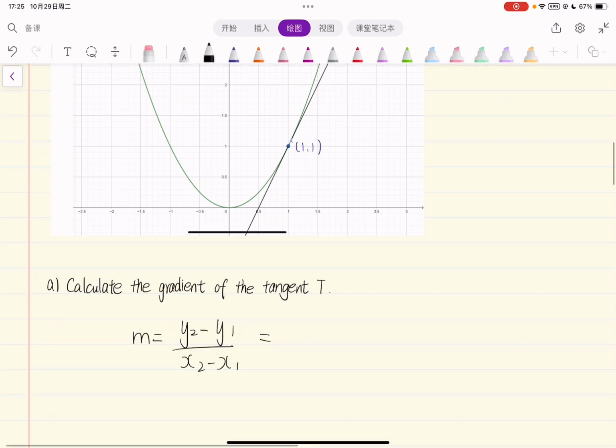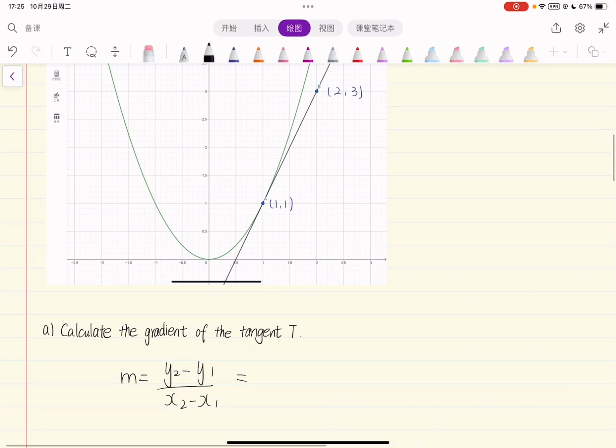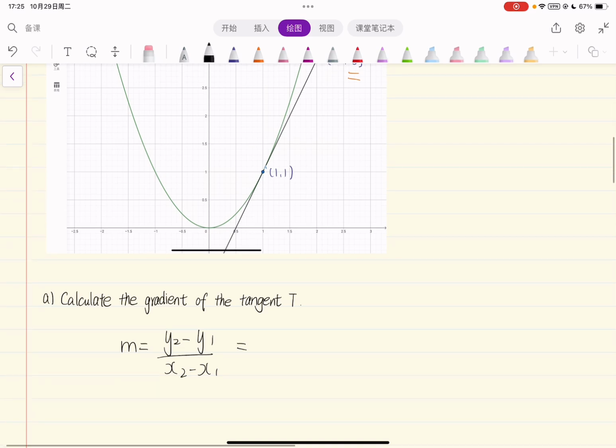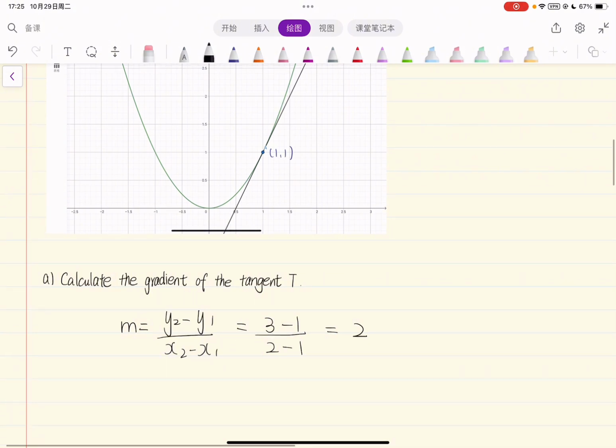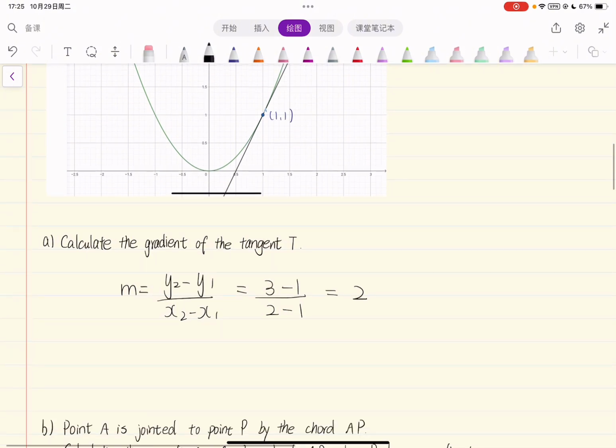That equals 3 minus 1 over 2 minus 1, which equals 2. So the gradient of the tangent t is 2, which also means that it's the gradient of the curve at point A.